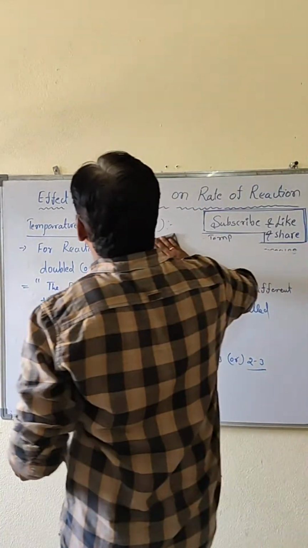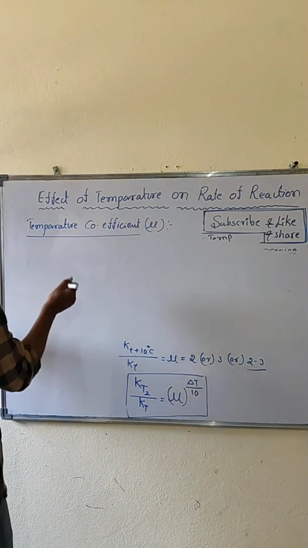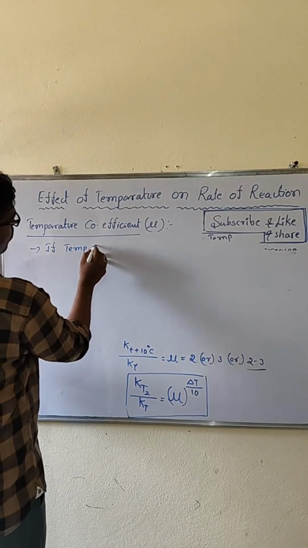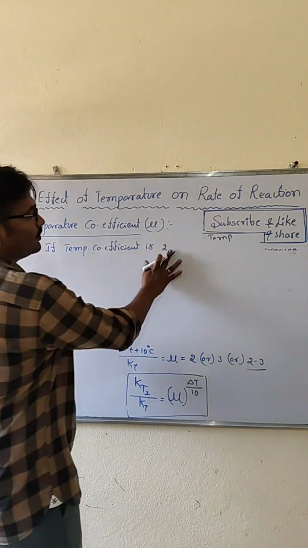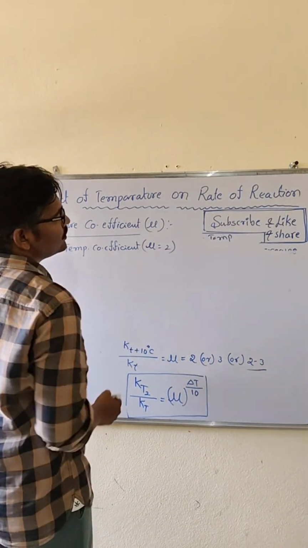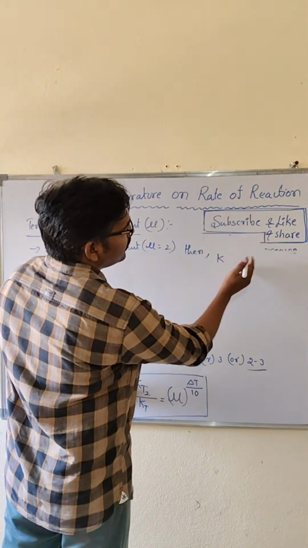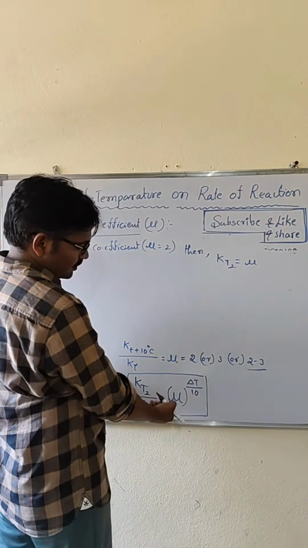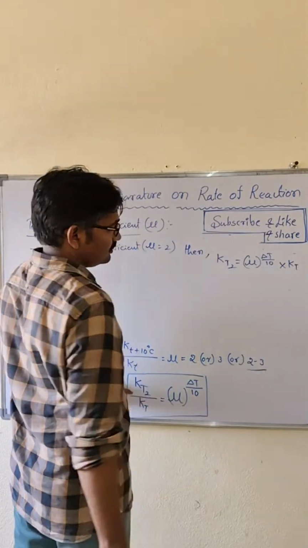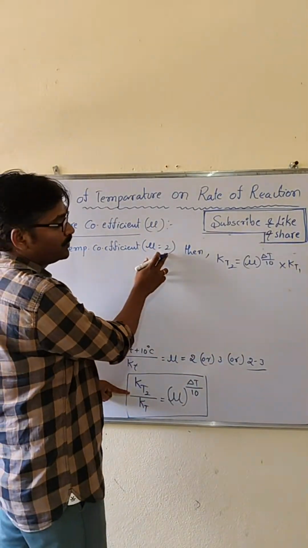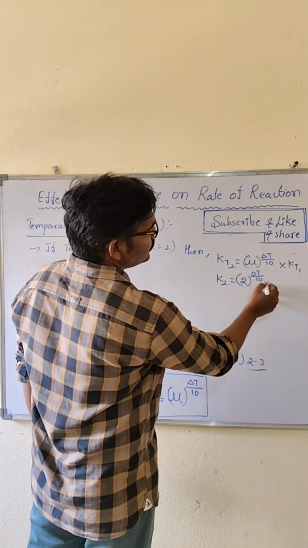For example, if the temperature coefficient is 2, nothing but nu equals 2, then from this formula, KT2 equals nu to the power delta T divided by 10, into KT1. In case nu is 2, that means the temperature coefficient is 2, then KT2 equals 2 power delta T divided by 10 into KT1.